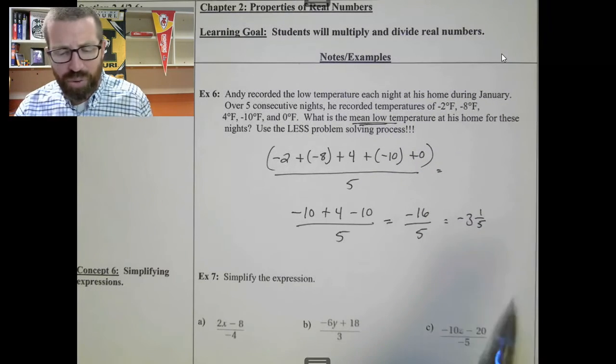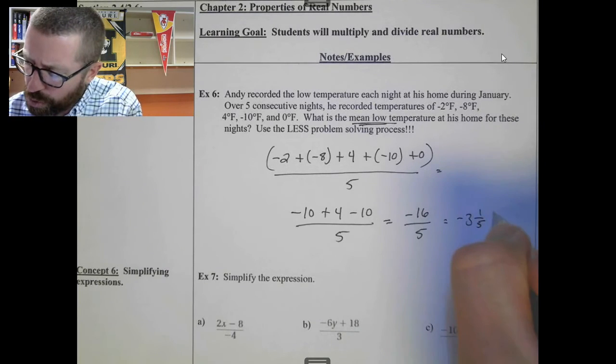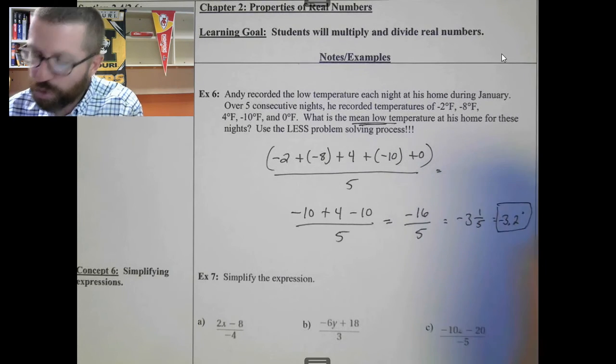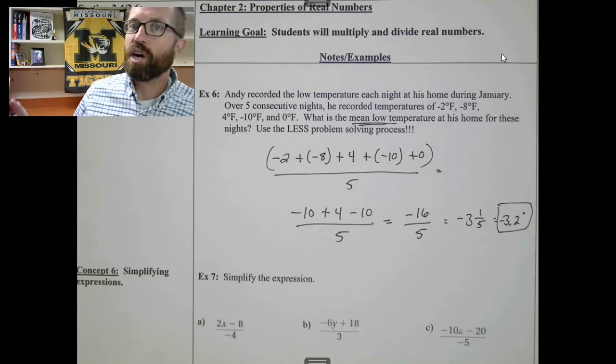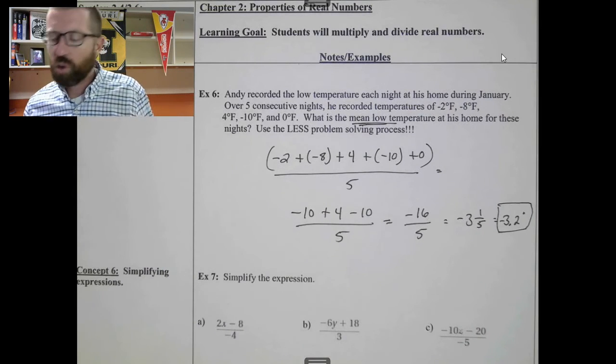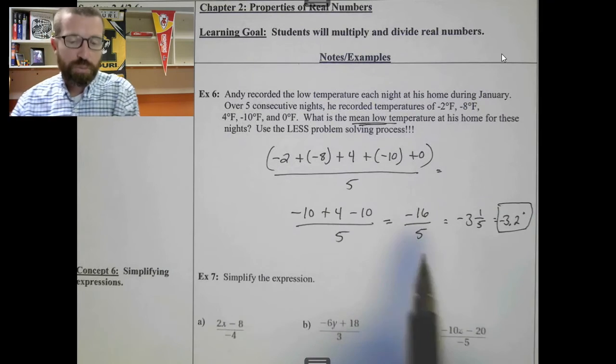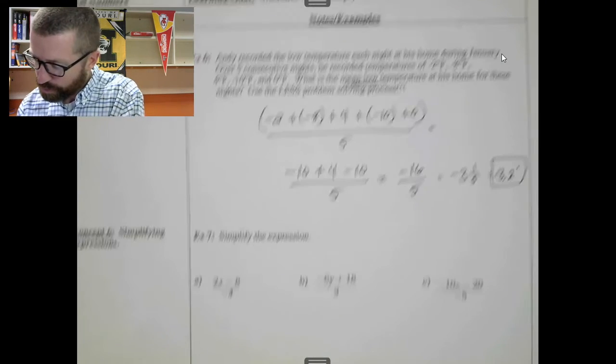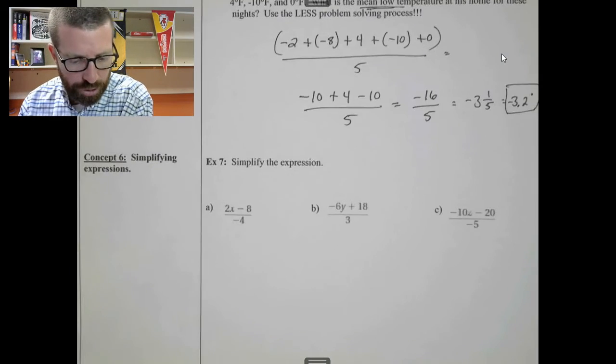And really, we don't use mixed numbers, or it'd be -3.2 degrees. We don't use mixed numbers very often in Algebra 1 and beyond. So as you get further up in your algebra careers, the mixed numbers kind of go away and the improper fractions become king. Or queen, I should say.